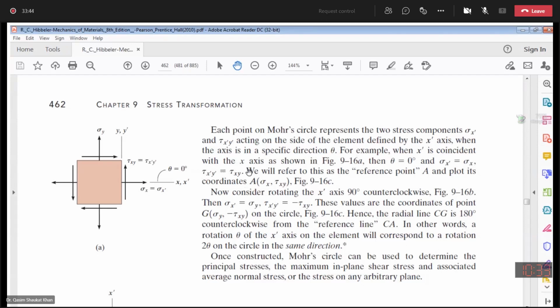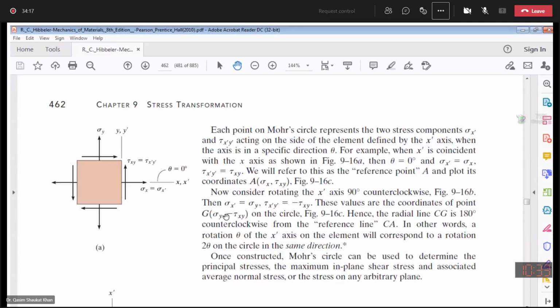This will be over reference point A, and the coordinates of this reference point A are sigma x and tau xy. Now the second case is we rotate the element by 90 degrees counterclockwise. We will get sigma x dash equal to sigma y, and tau x dash y dash equal to minus tau xy.